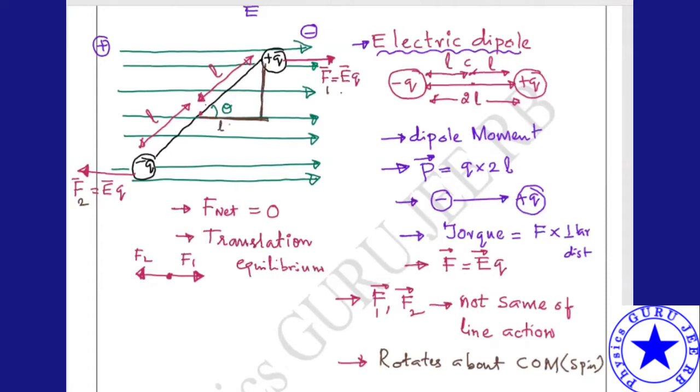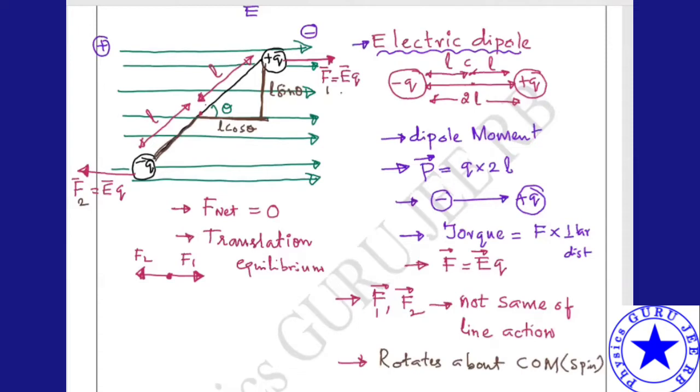This will become L cos theta and this will be L sin theta. Can you tell me which is the perpendicular component for F1, L cos theta or L sin theta? L sin theta. I think only one student is responding. Here also L is resolved into two components, L sin theta and L cos theta.